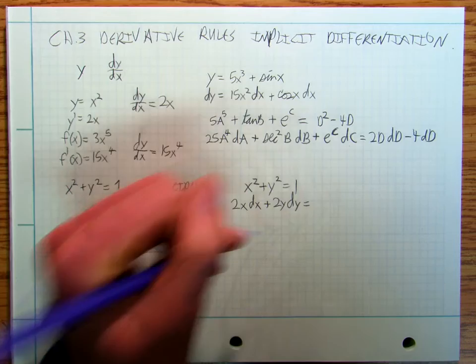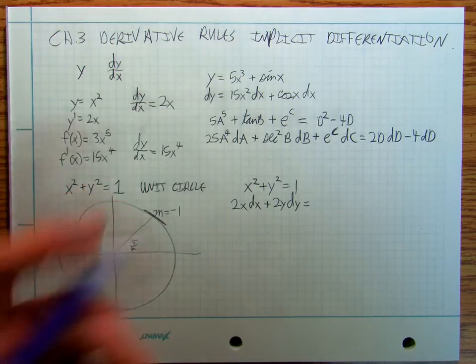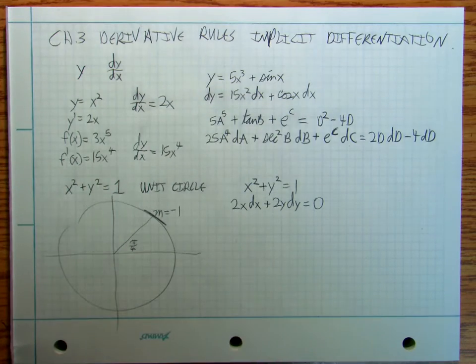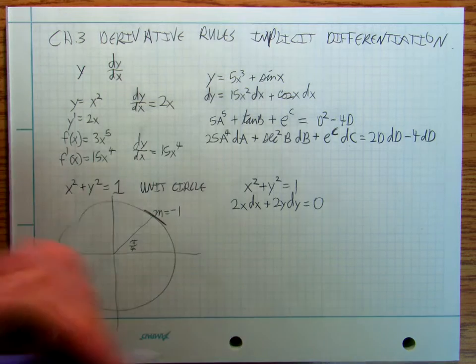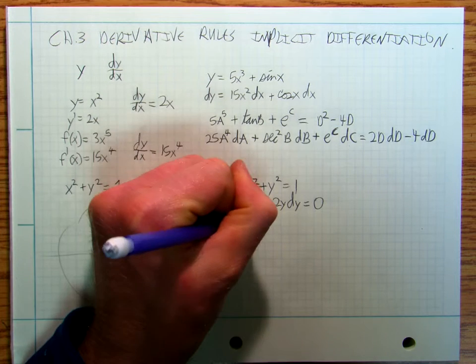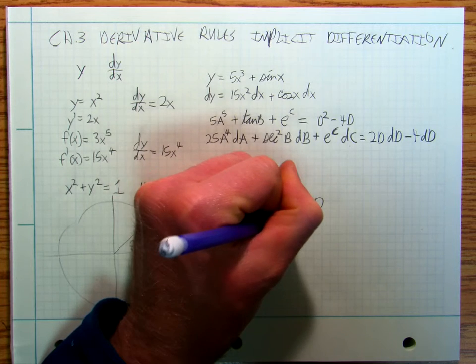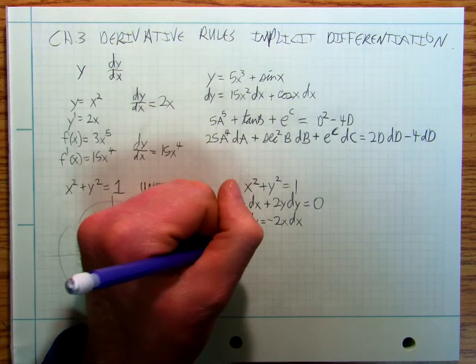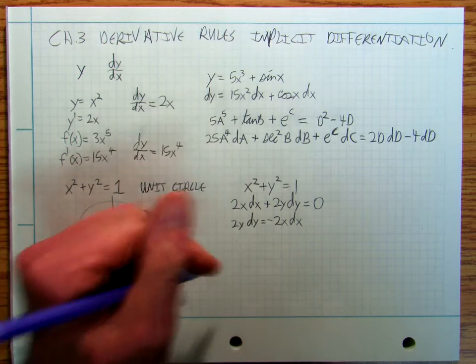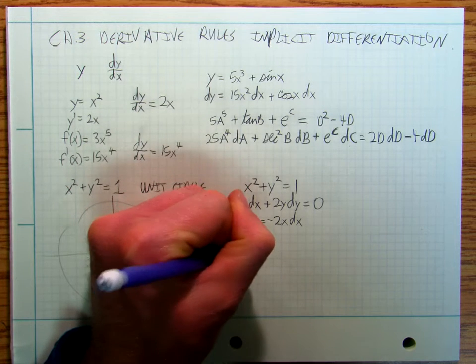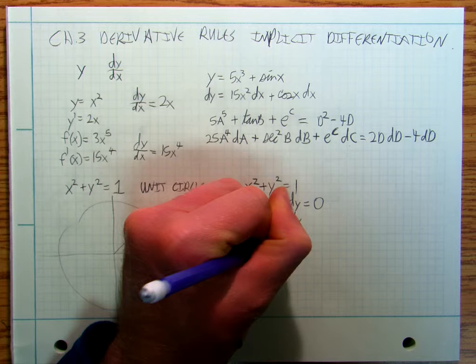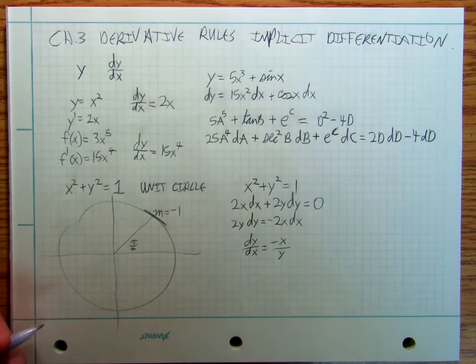What's the derivative of 1? It's just a constant, so it's 0. So now I get 2y dy is equal to minus 2x dx. With a little bit of algebra, I get dy dx is equal to negative x over y. You can figure out the algebra on your own.